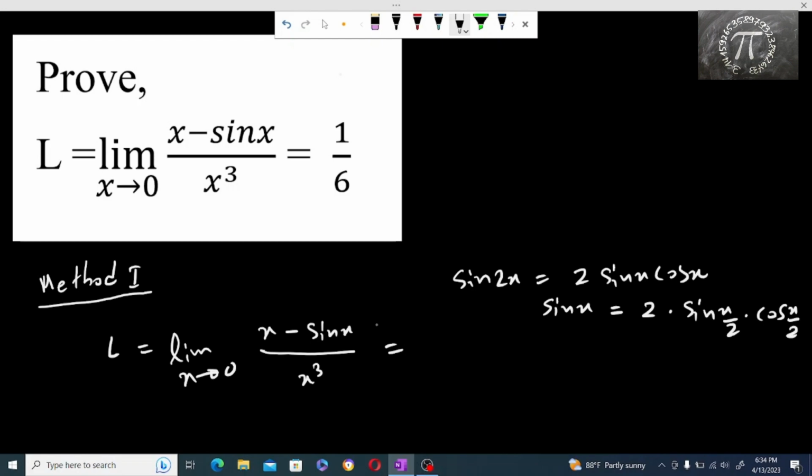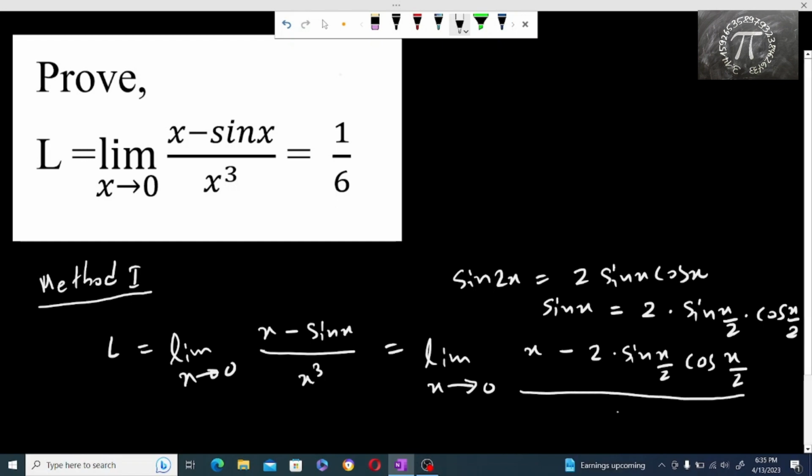So I am going to use that: the limit as x goes to 0 of x minus 2 sin(x/2) cos(x/2), divided by x to the power 3.